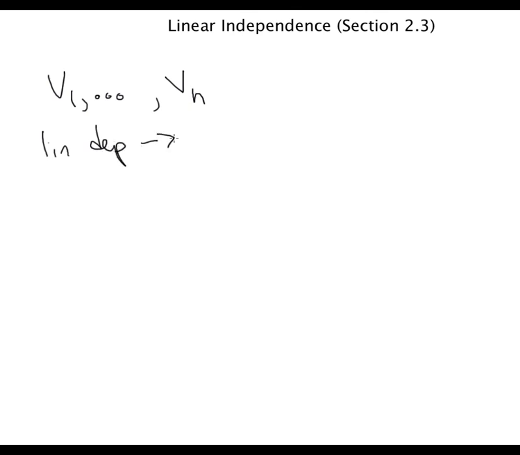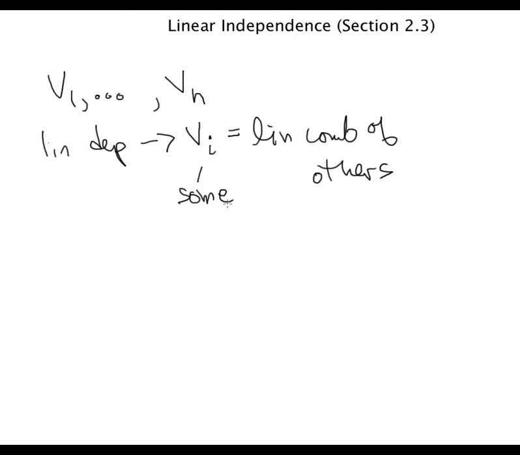Well, what I just said is that that means that some vi is a linear combination of the others. And I took it to be the last one, but it didn't have to be. So maybe I should just say, in general, all you know is that some vi is a linear combination of the others.